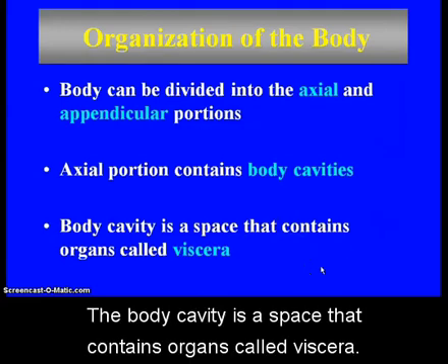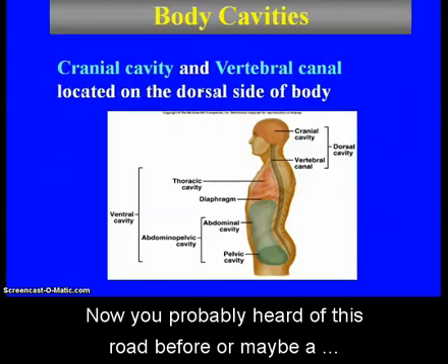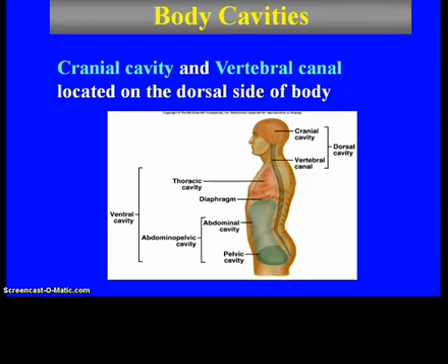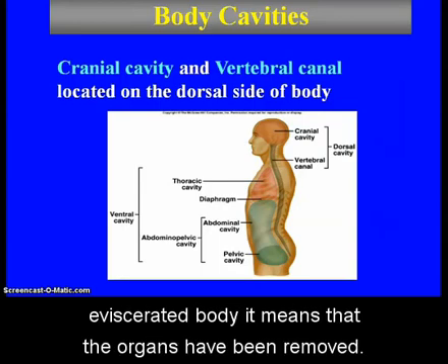And the body cavity is a space that contains organs called viscera. Now, you've probably heard of viscera before, or maybe a form of the word when you watch CSI. If you're a CSI fan and one of the investigators finds an eviscerated body, it means that the organs have been removed.